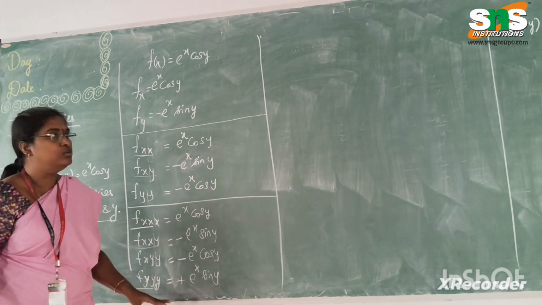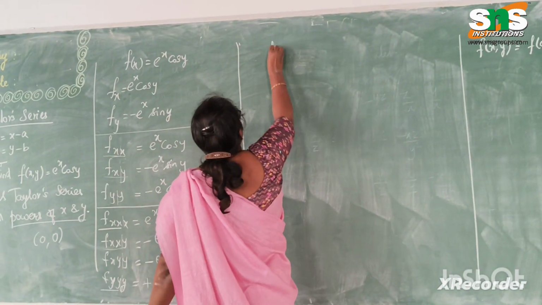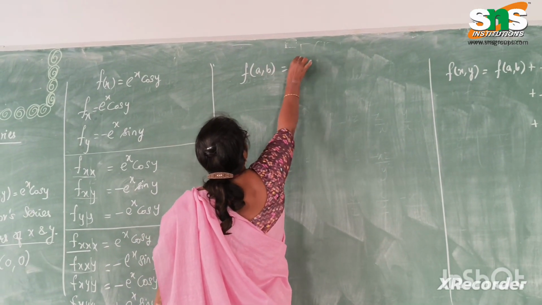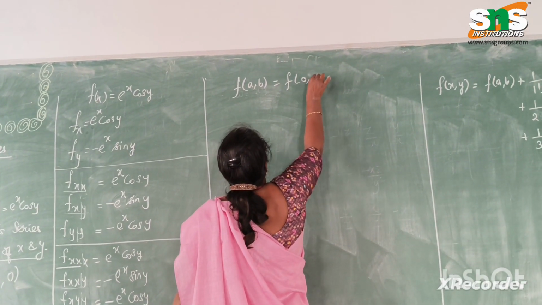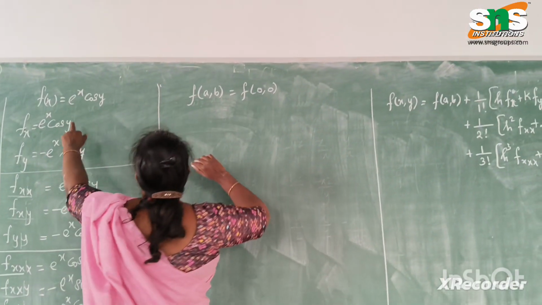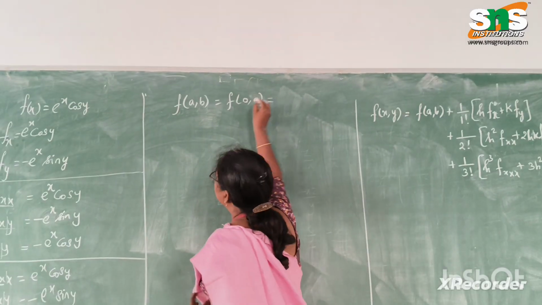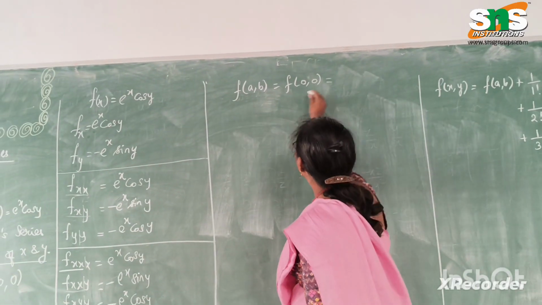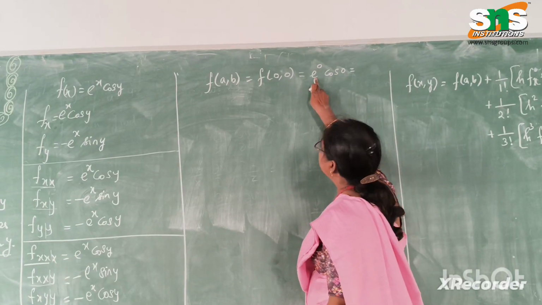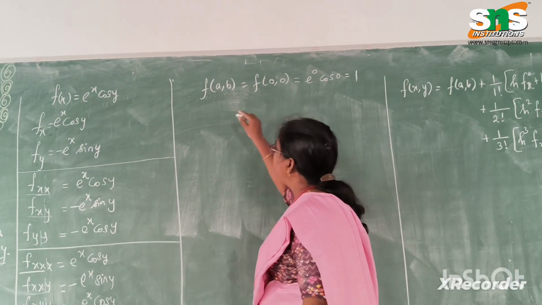For these, we want the values of f(a, b), that is, at the point (0, 0). So f(0, 0) for this function: replace with 0, 0, e power 0 cos 0. This is 1 and this is also 1, so you get 1.